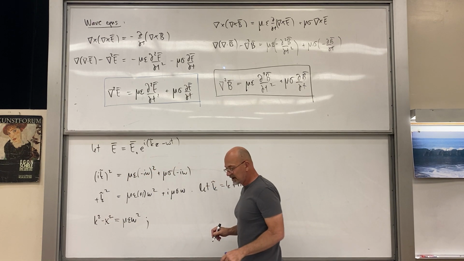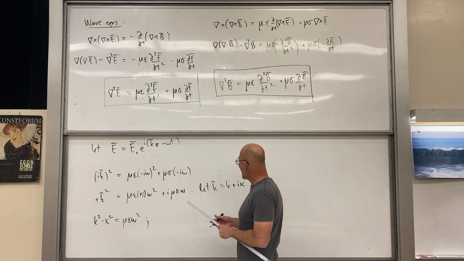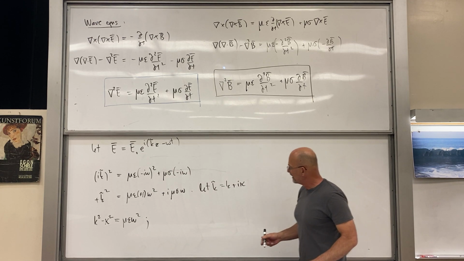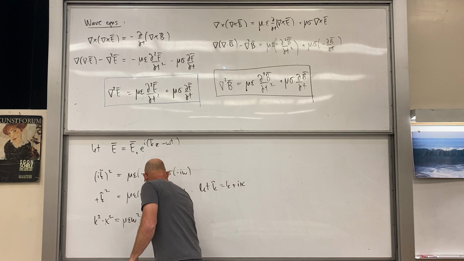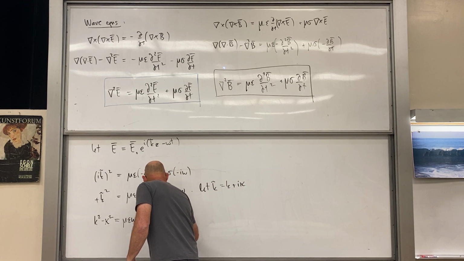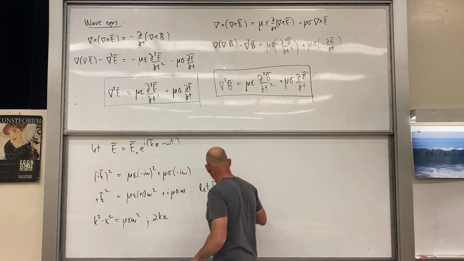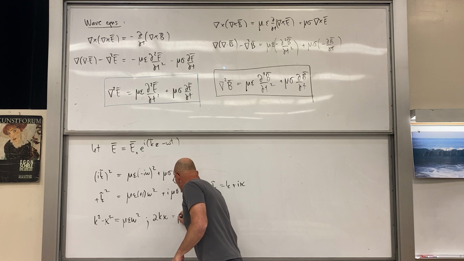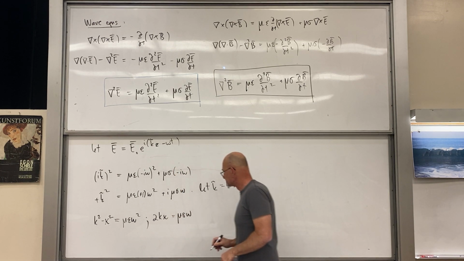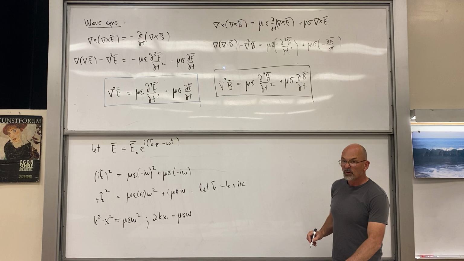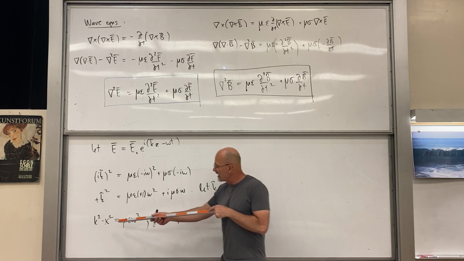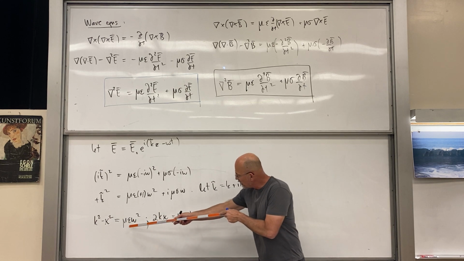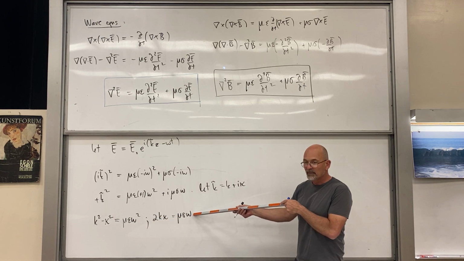And for the imaginary part, when we square this, we get 2i kappa k, so 2 k kappa is going to be equal to mu sigma omega. Okay, so those are two equations and two unknowns because we want to get k and kappa in terms of all these constants and the frequency.